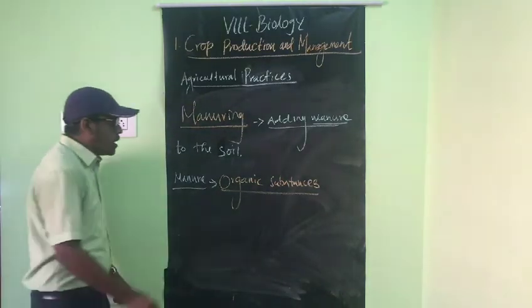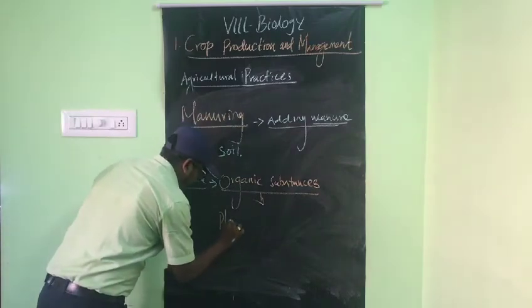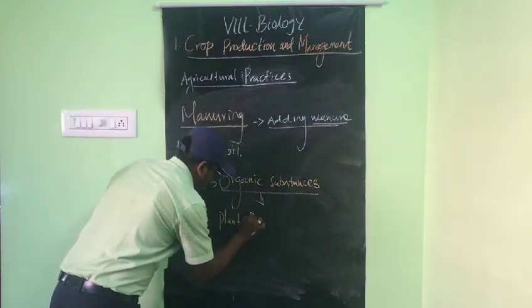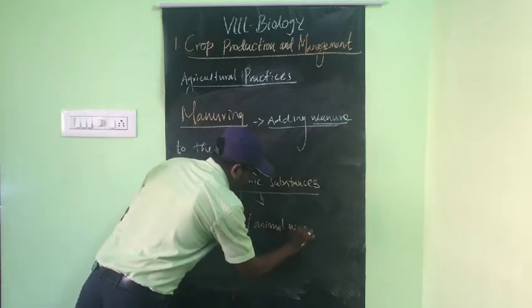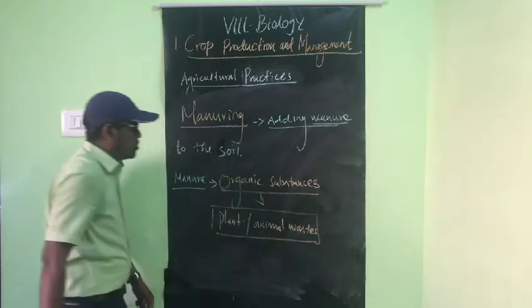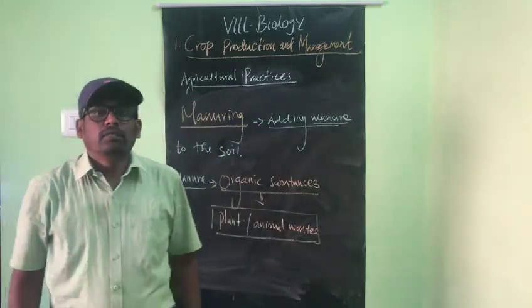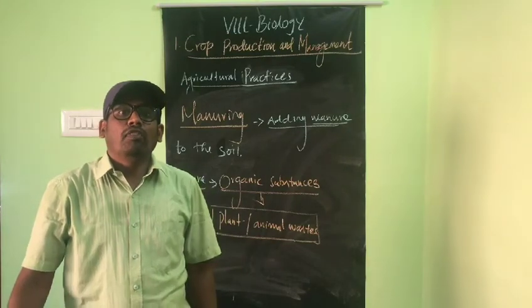Okay, so where do these organic substances come from? From plant and animal waste. Only from plant and animal waste the organic substances are formed. How is it formed?